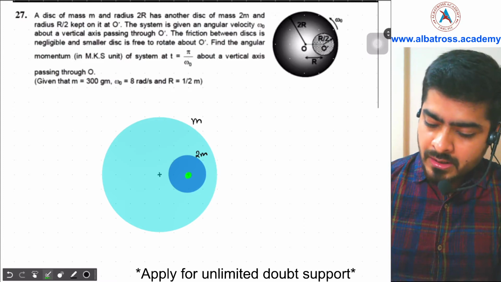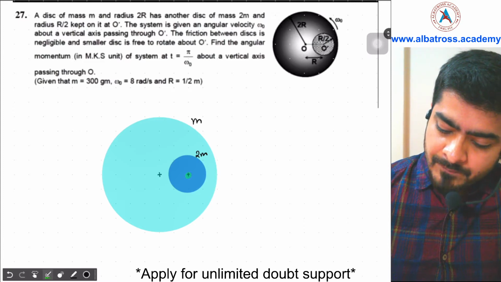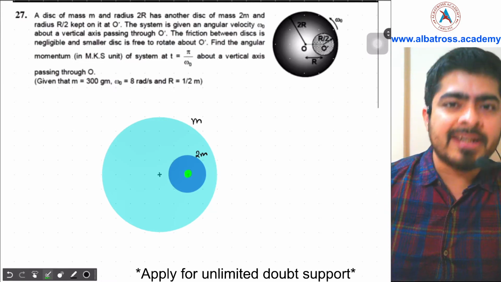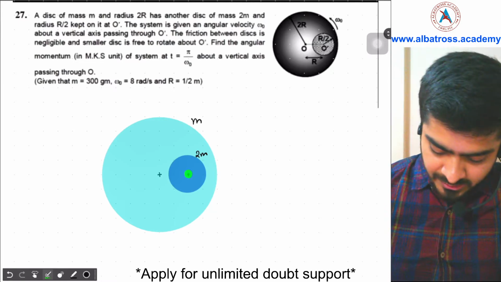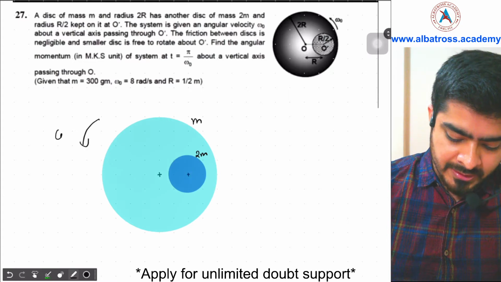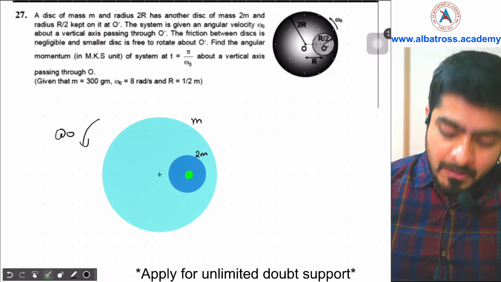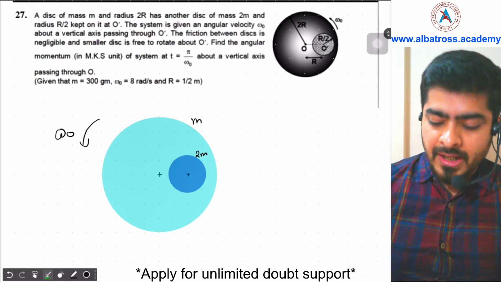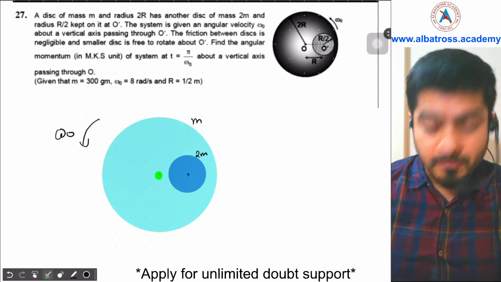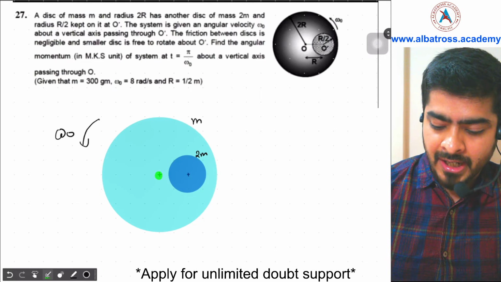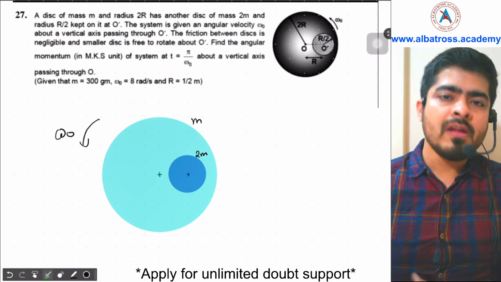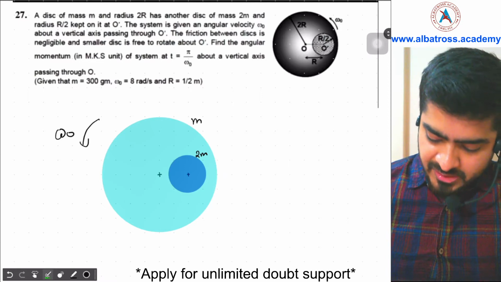Now the question says that the system is given angular velocity omega naught about the center of the smaller disk initially. So we have to find the angular momentum of the system about this point after time pi by omega naught. So let's first understand the initial situation.